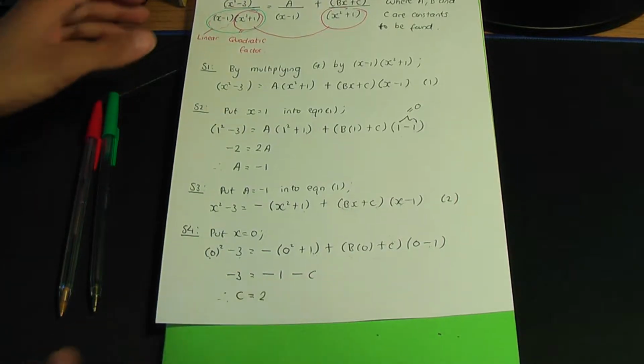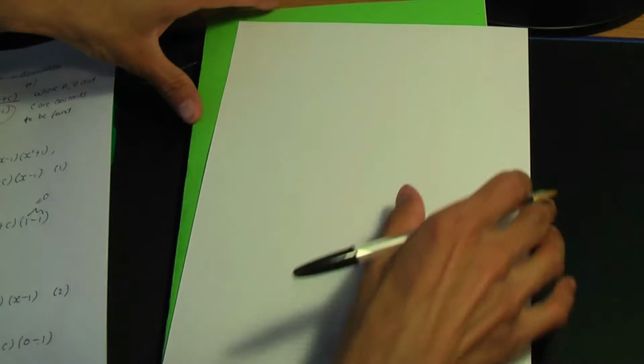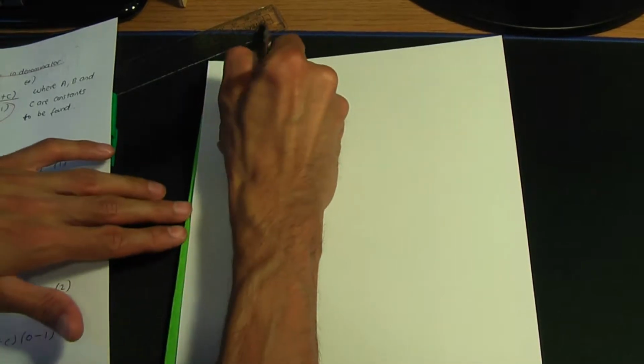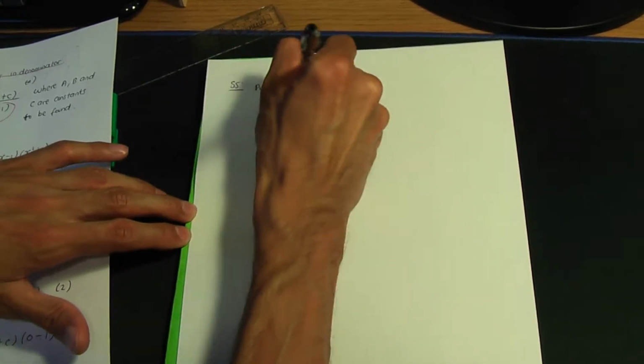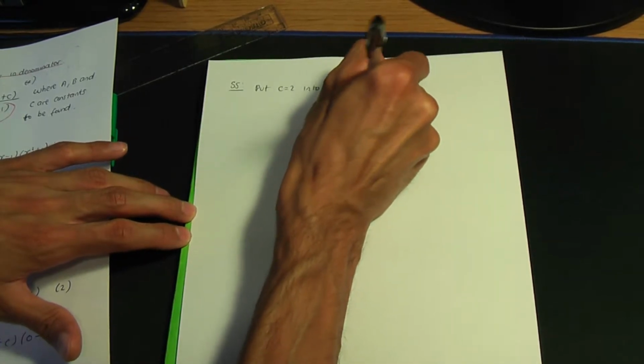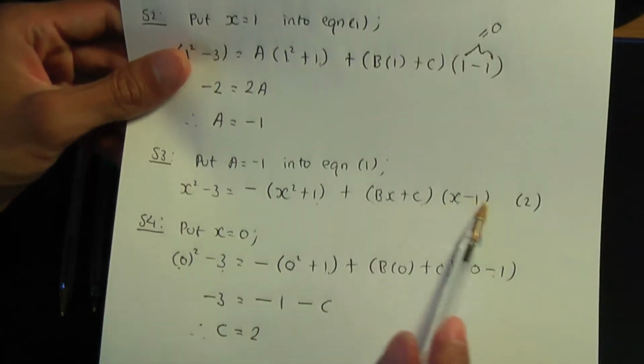Okay, so I think a fresh piece of paper is in order. So in step number 5, let me put c is equal to 2 into equation number 2. So here is equation number 2 that I've named earlier.